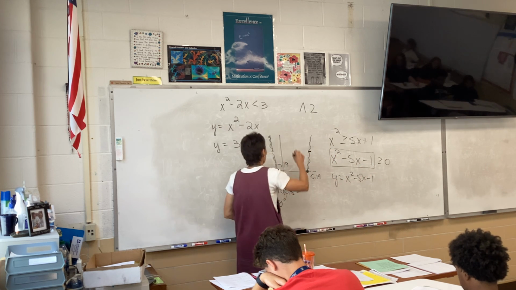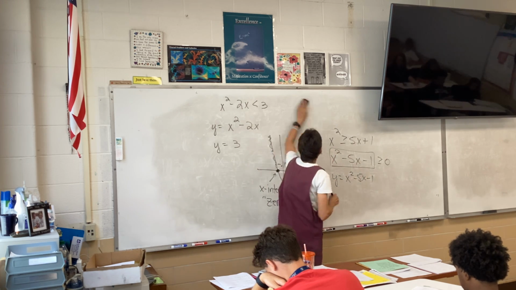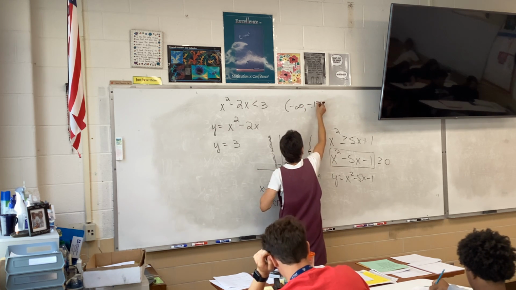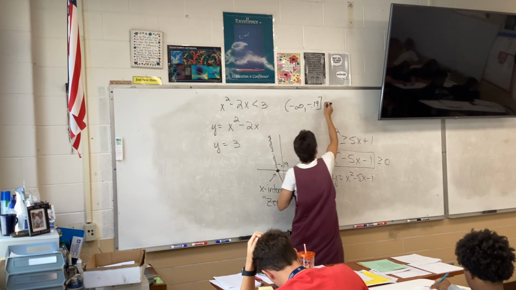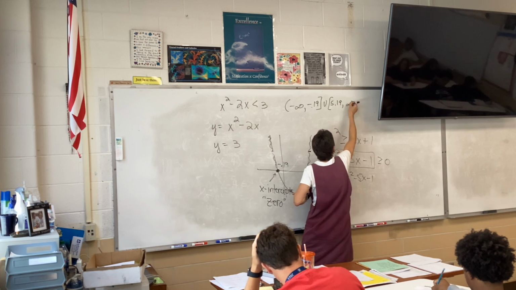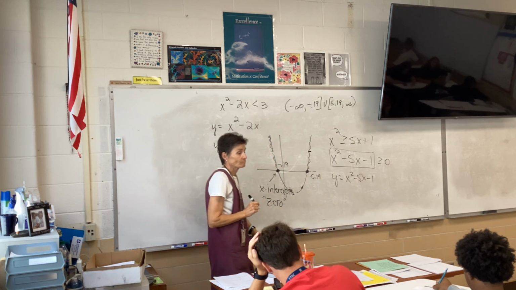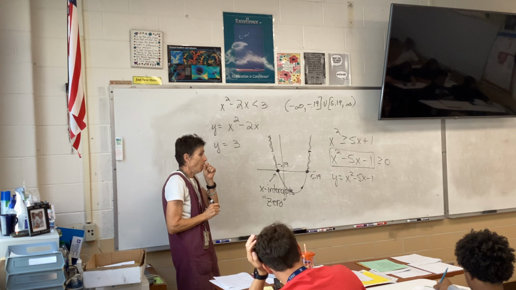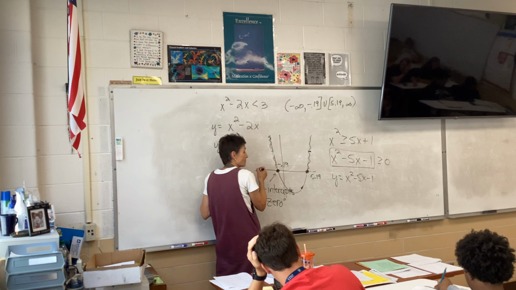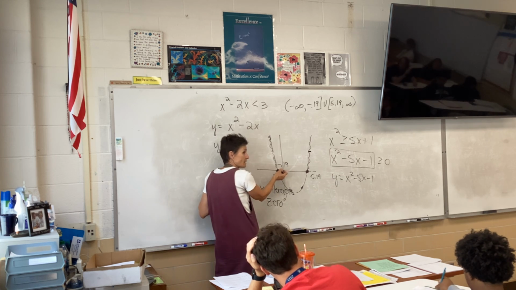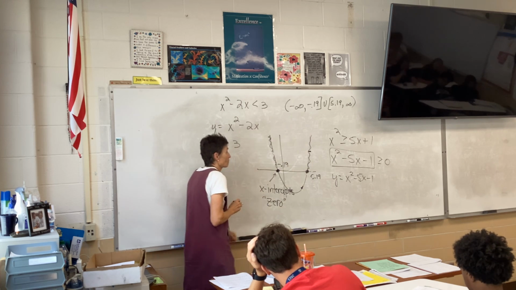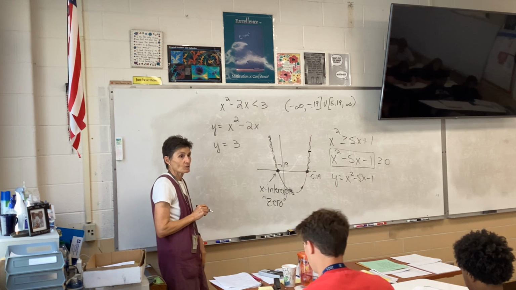So the answer to the problem is negative infinity to negative 0.19 or 5.19 to positive infinity. Remember, if you labeled these points, wouldn't they all have x values less than negative 0.19? That's the answer to the question.